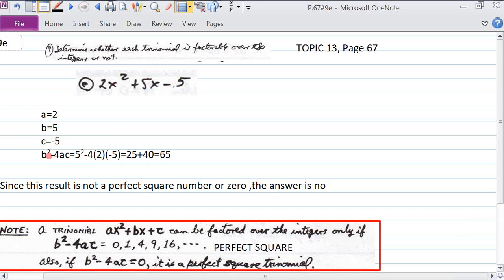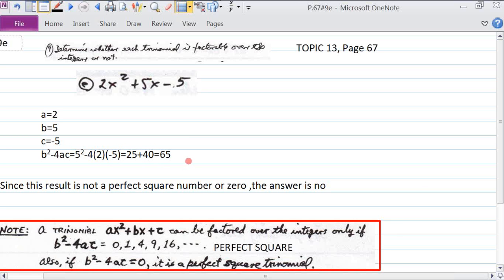I compute b squared minus 4ac, and b is 5, so it's 5 squared minus 4. a is 2, and c is minus 5. 5 squared is 25. Minus 4 times 2 is minus 8. Minus 8 times minus 5 is plus 40. So I get 65. Is 65 a perfect square?